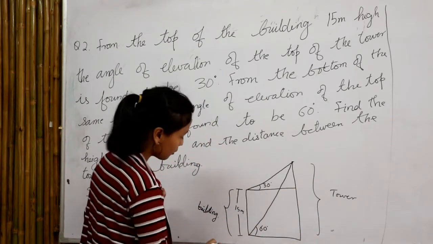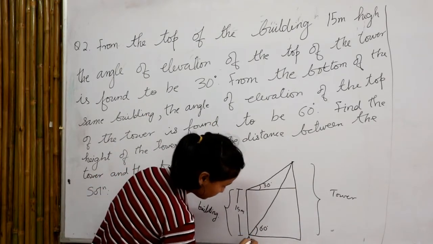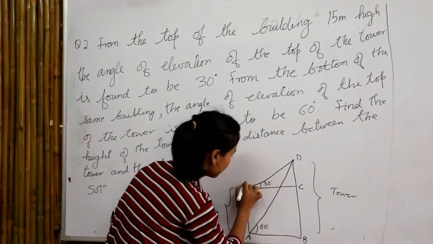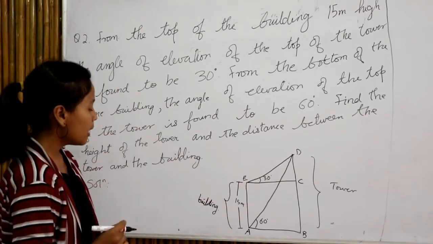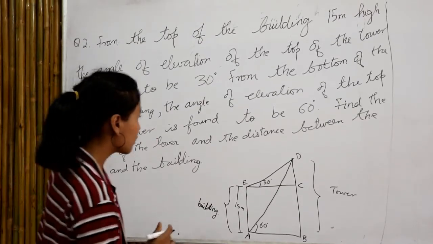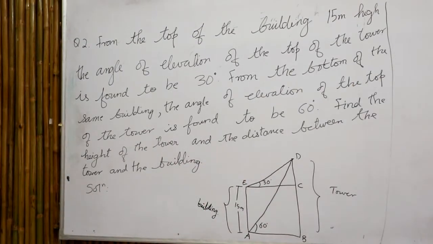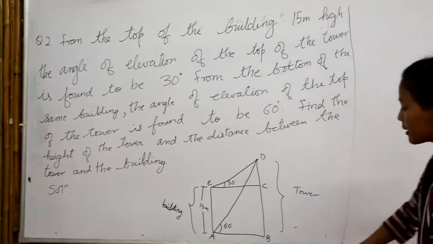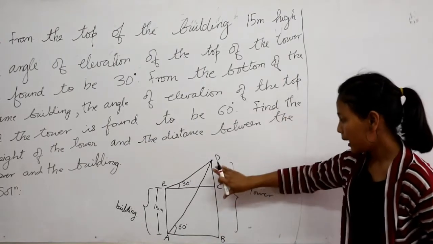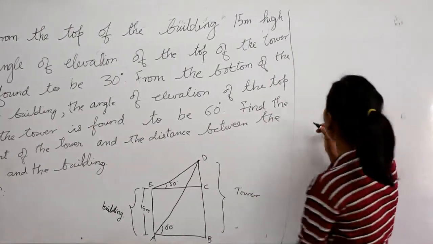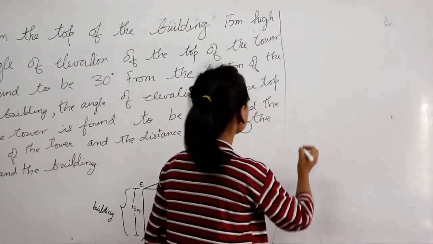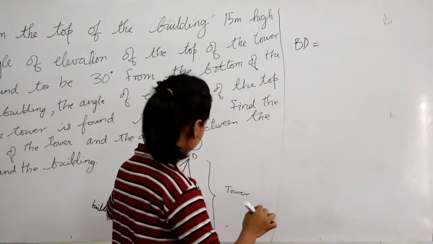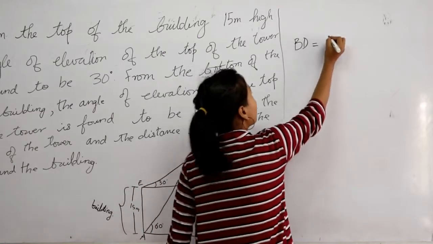Right, let us first denote the points here by A, B, C, D and E. Now we have to find this AB and BD. From the figure, BD is equal to BC plus CD.